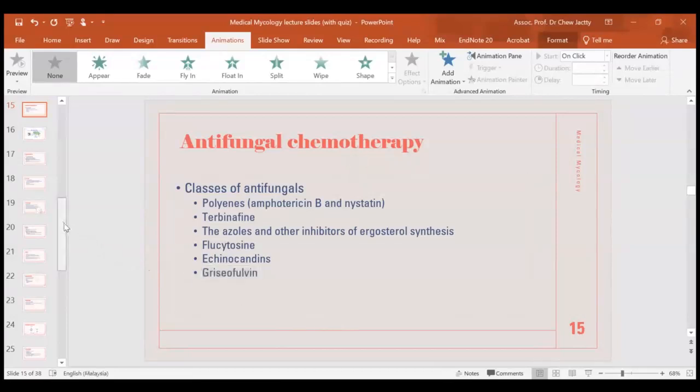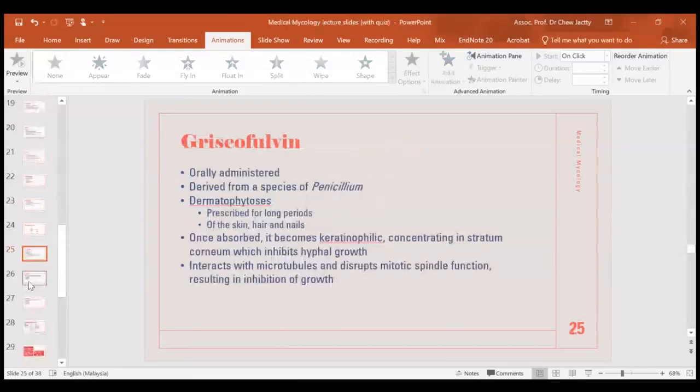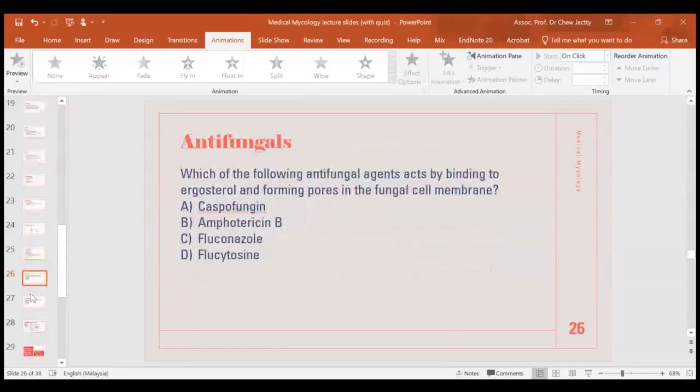So what I want you to do is, if you have the habit of making your own notes, just quickly write down the different mechanisms of action that will help you in understanding the different classes of antifungal. If you look at the question, which of the following antifungals acts by binding to ergosterol and forming pores in the fungal cell membrane?